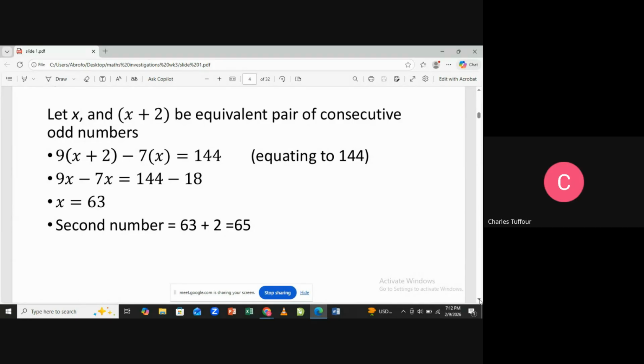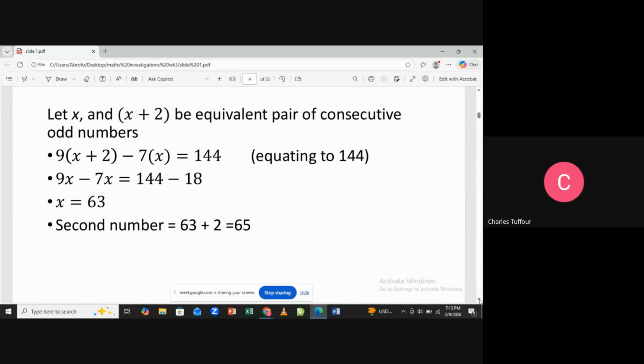Yes, sir. Thank you. Having obtained the two consecutive odd numbers, this is the time for us to use the looking back step of the model. Looking back means we want to prove and see whether it fits in the equation. So pick your calculator and help me. The first one is 9 times x plus 2, and my x is 63.